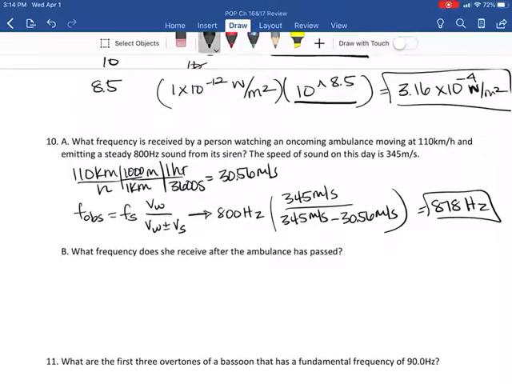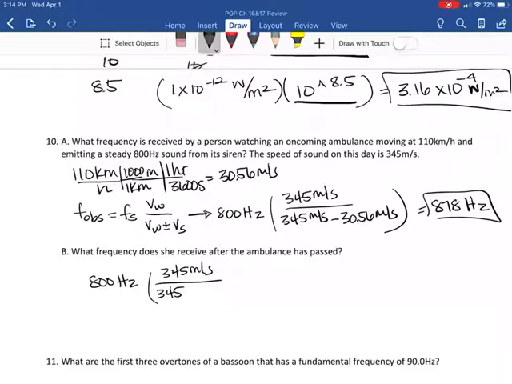Okay, and this says, what frequency does she receive after the ambulance has passed? So in this case, you still have your 800 hertz, okay? And it's still going 345 meters per second.